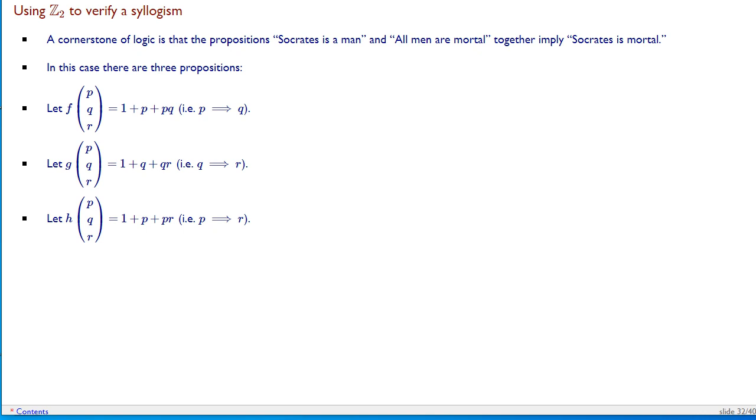And the conclusion is Socrates is mortal. Being Socrates implies mortality. That's 1 plus P plus PR. And the claim is the first of these and the second of these together imply the third one.